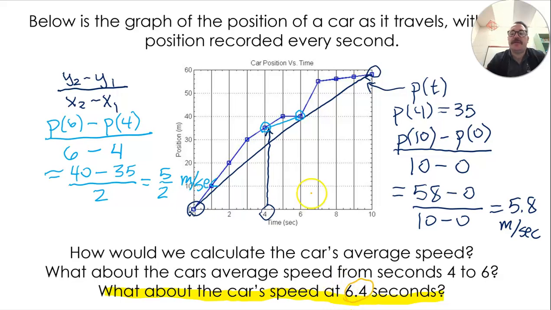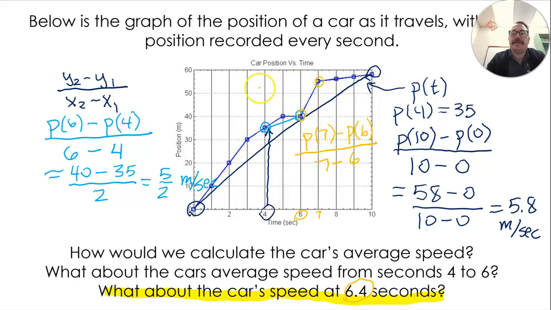So 6.4 is in between 6 and 7, which is right there. So if we calculate the average rate of change between 6 and 7, it'll give us a pretty good idea of what our car's speed would be at 6.4 seconds, but still not really that exact, but let's do that. So P of 7 minus P of 6 divided by 7 minus 6.